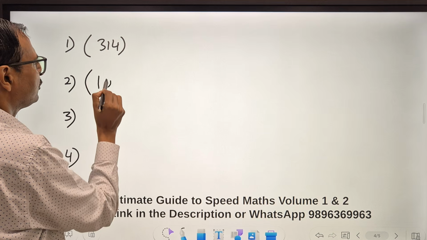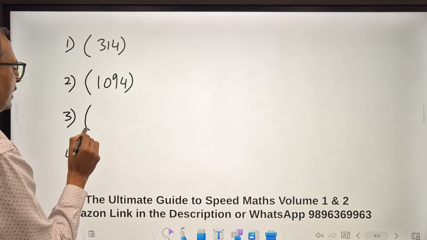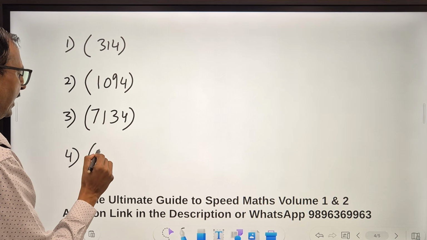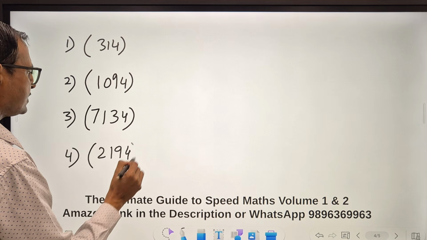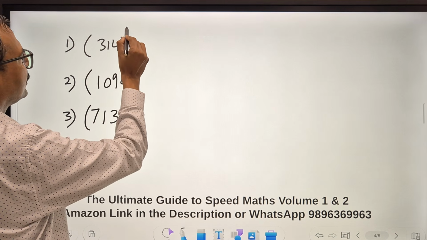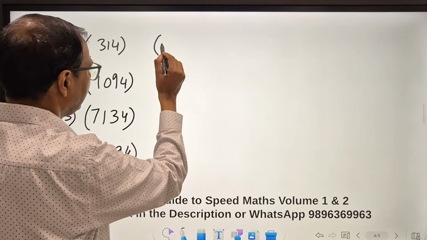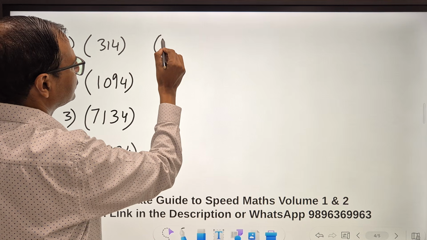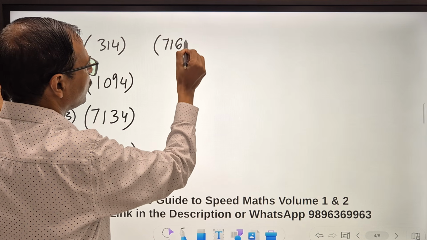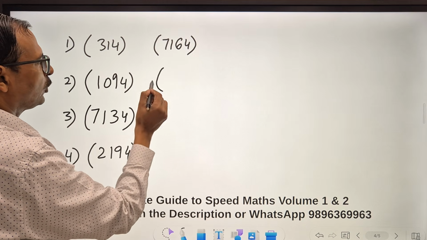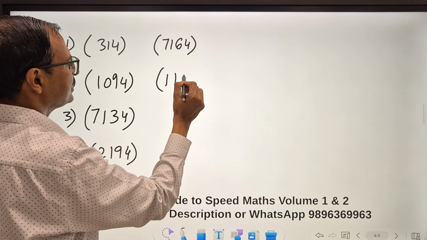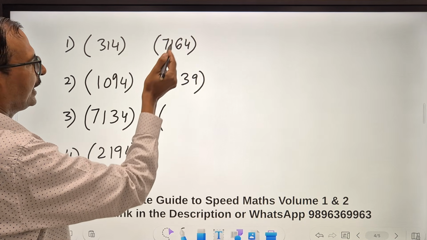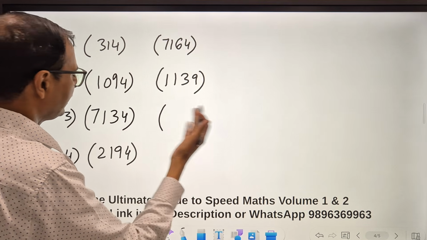So let's have the base 4 like this, like this, and like this, and then we will have a base maybe 9, or you can combine it with 4 only, like 4 and 4, say 716, 4 and 4, then 4 and 9, 1139, and then 4 and 4, 4 and 9, and then we can combine like many other different examples.